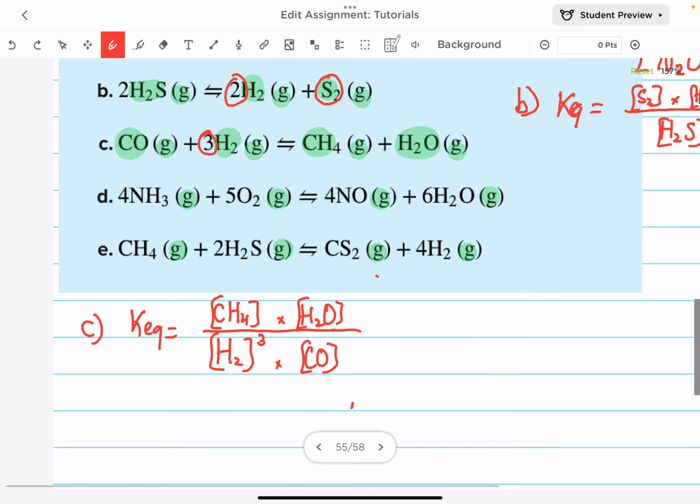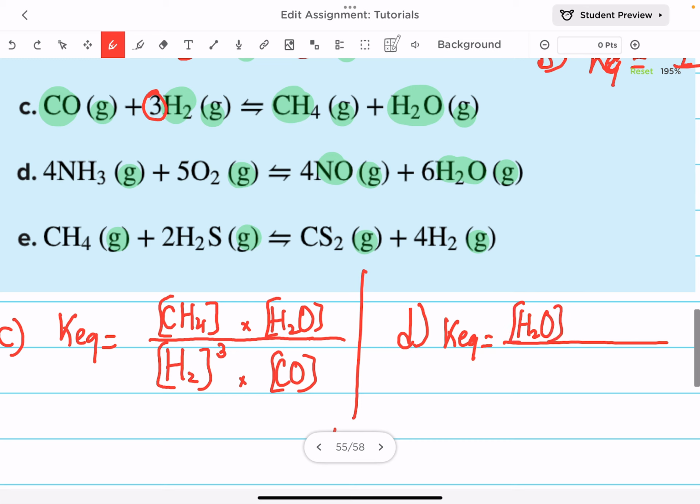I have two products, H2O in brackets multiplied by NO in brackets. H2O has a number next to it, so it's raised to the power of 6, and 4NO means raised to the power of 4, over the concentration of NH3 to the power of 4 multiplied by the concentration of O2 to the power of 5.